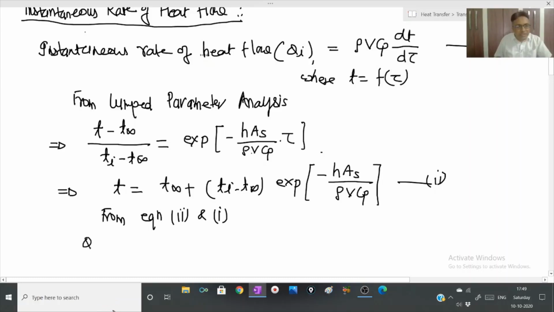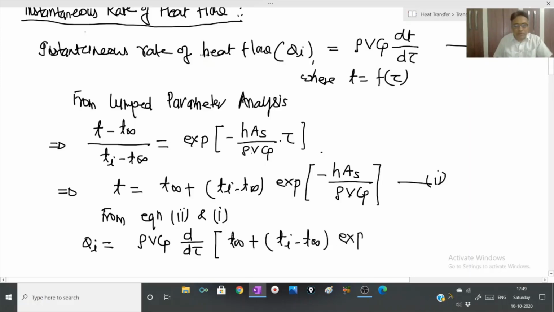The instantaneous heat flow rate Q suffix I will be rho into V Cp dT over d tau, and the value of T will be from equation 2 as T infinity plus Ti minus T infinity exponential minus h into As over rho V Cp tau.